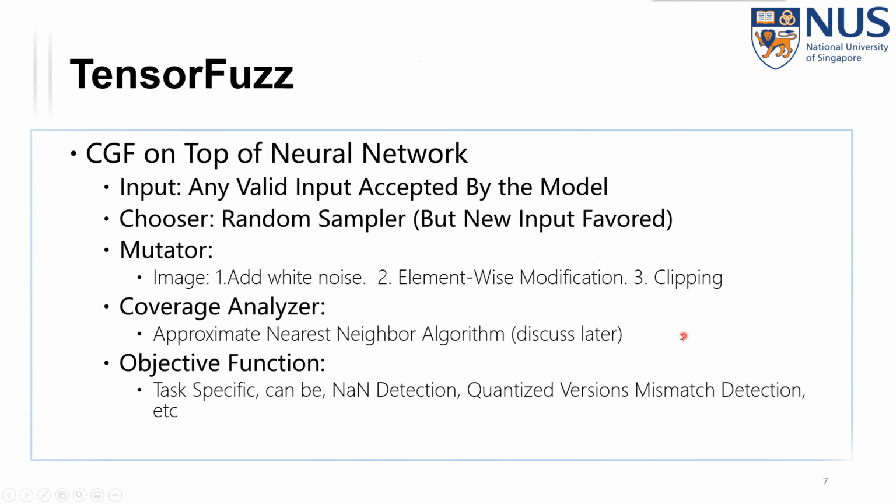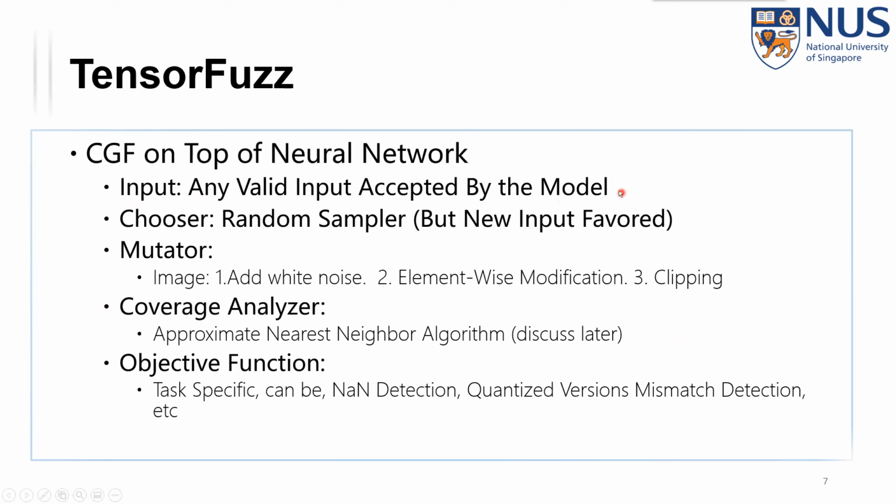But in the case of neural networks, the settings will be a little bit different. The key is actually the coverage analyzer, but I will introduce the others first. Since a neural network has a stricter requirement for the input, the input will be any valid input accepted by the model.